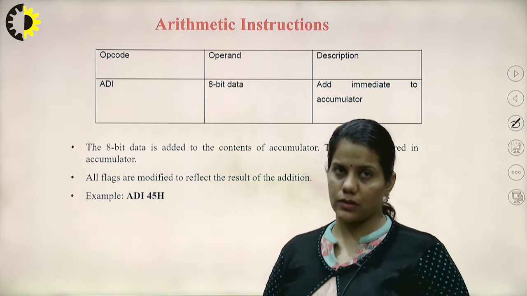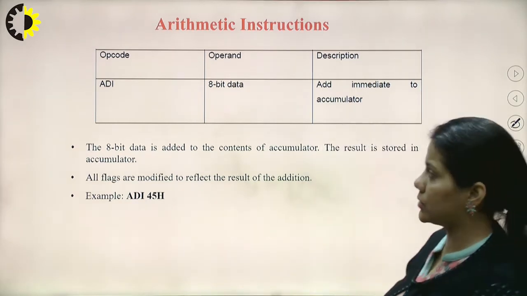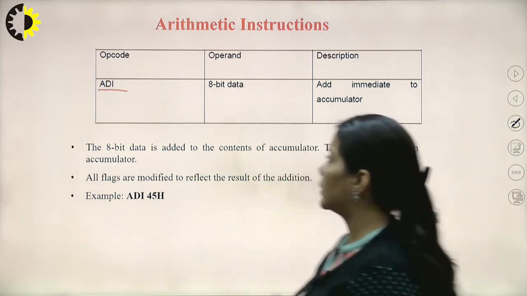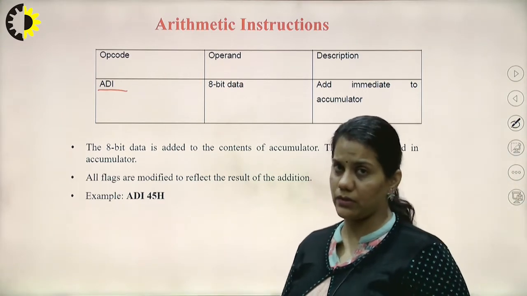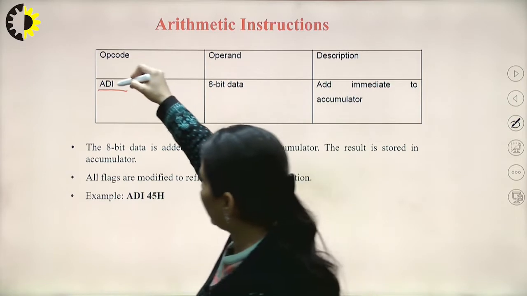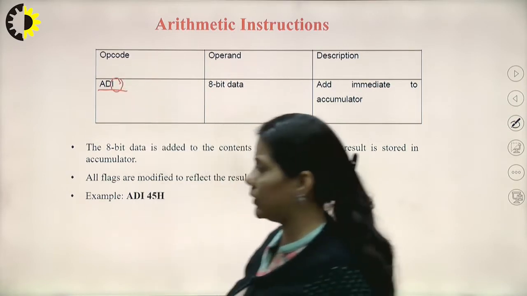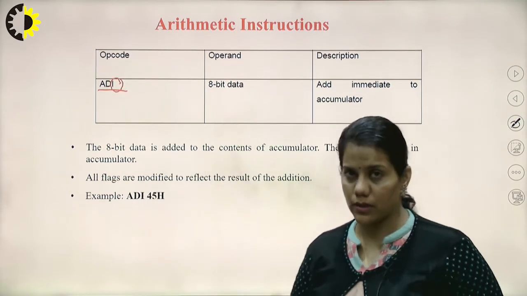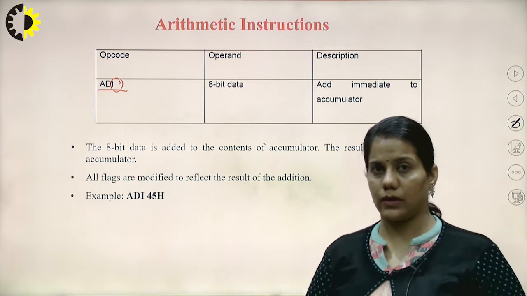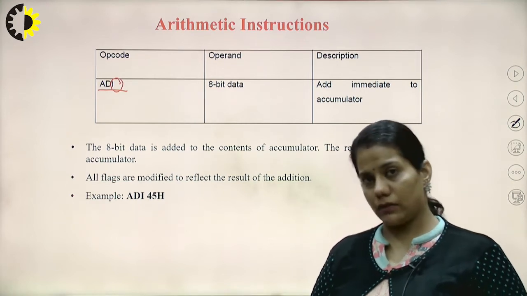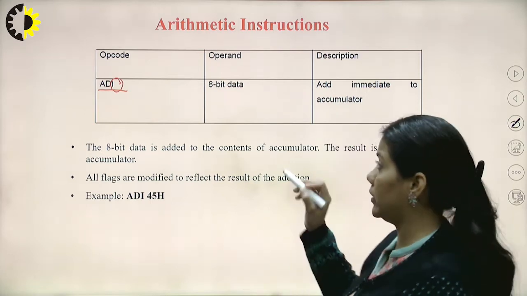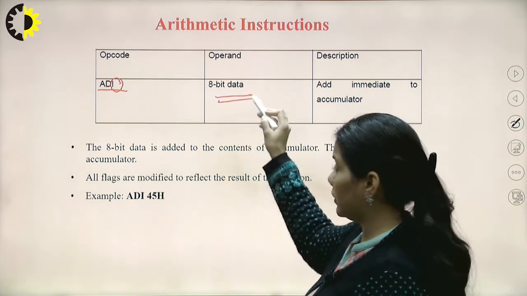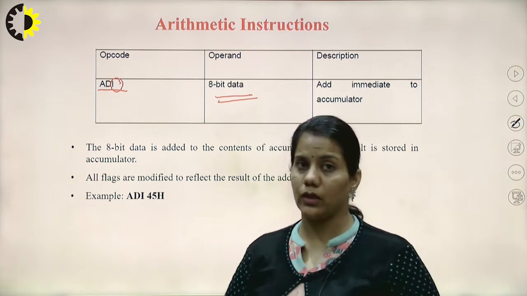The next instruction in this category of arithmetic instructions is ADI. As I have already told you in the previous lecture, any instruction with the letter I denotes that it is categorized under the immediate addressing mode, and the operand will be given in the form of immediate data.